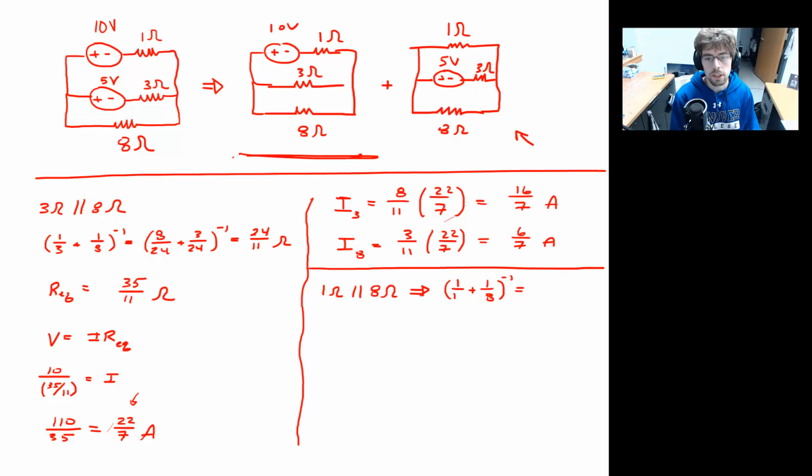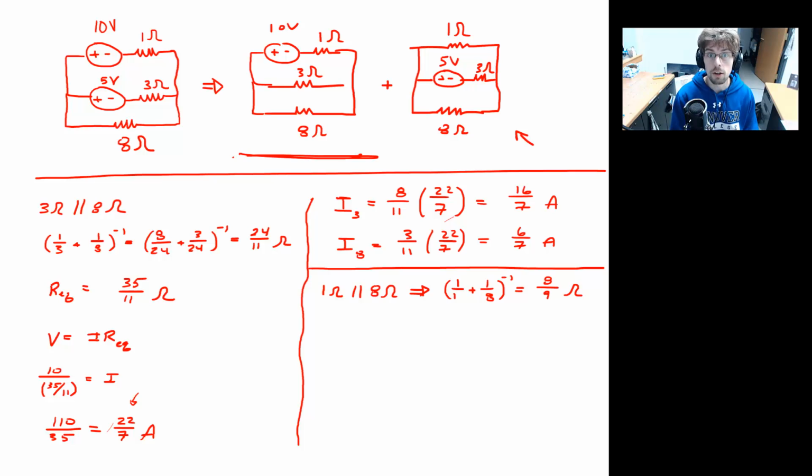And so you're going to get something like 8 over 8, excuse me, 8 over 8 plus 1 over 8. So we get 9 over 8, so we get 8 over 9 ohms.